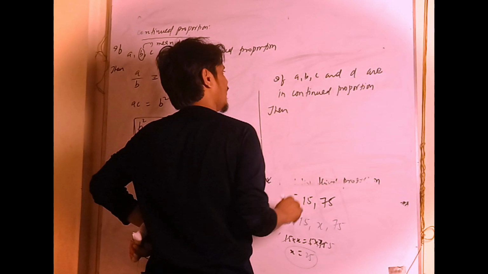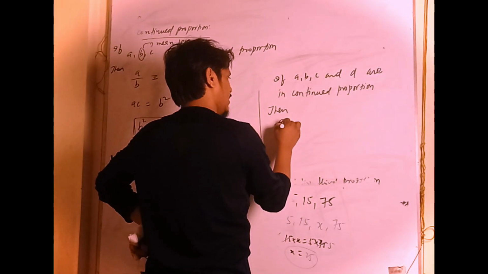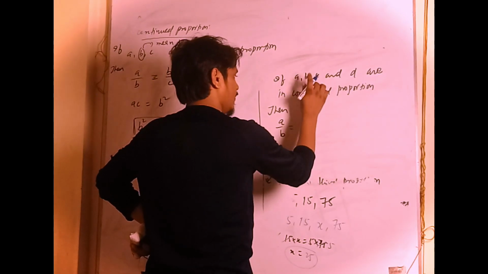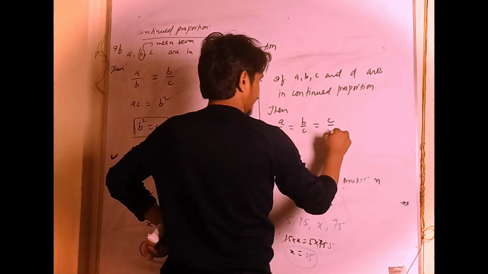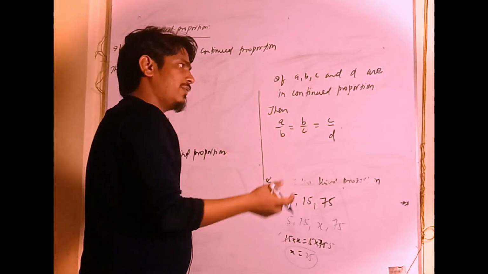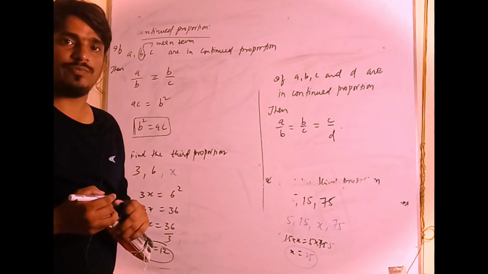Then we'll find that the ratio of a and b is equal to the ratio of b and c, which is equal to the ratio of c and d. Like that, if we have 5 numbers, it will continue this way.